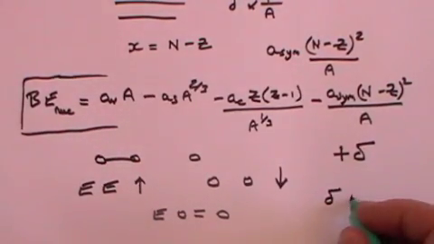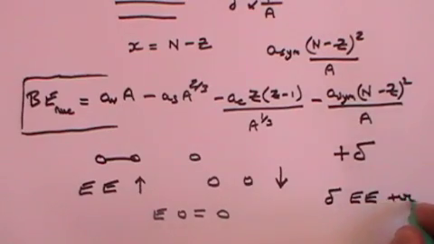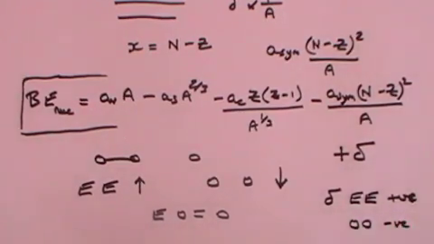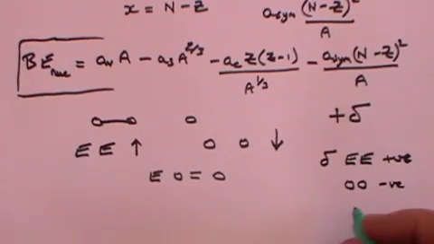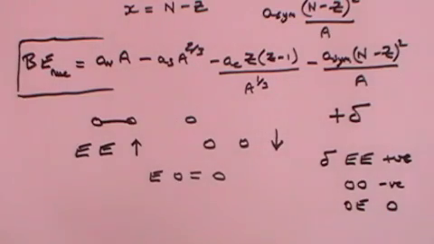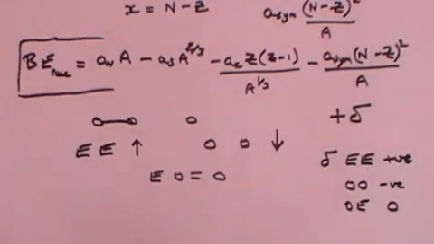So even-even will be positive because that increases the binding energy. Odd-odd will be negative because that decreases the binding energy. And odd-even or even-odd will be 0. So when we come to delta, we'll have either a plus term for even-even, a minus term for odd-odd, or 0 if it's odd-even or even-odd.